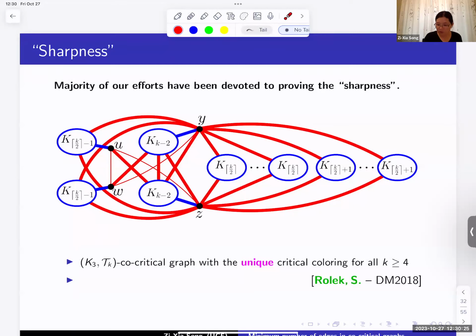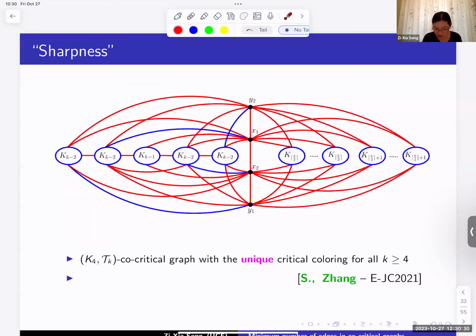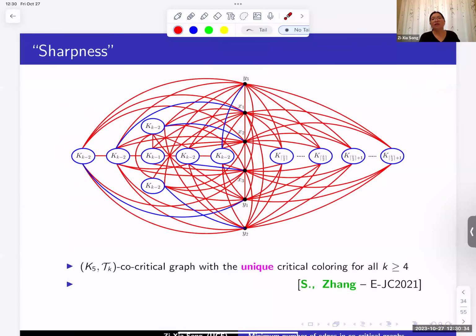So that's for K3, and this is for K4. And when you see K5, you understand why we stopped the construction for K6, because I believe this construction won't work for all K_t here. Maybe someone else can come up with a simpler construction.